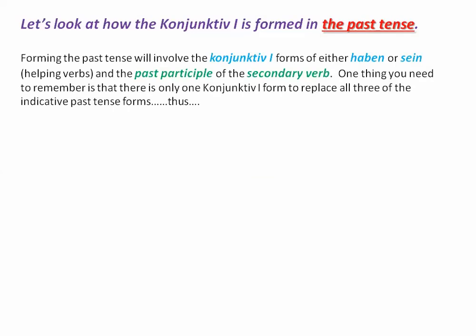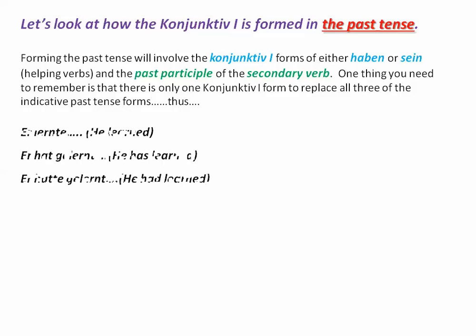Okay, now let's look at it in the past tense. Forming the past tense will involve the Subjunctive I forms of either haben or sein, which can be either one of your helping verbs, and the past participle of the secondary verb. So what you have to remember is that in the Subjunctive I, there's only one form that replaces all three of the past indicative past tense forms.